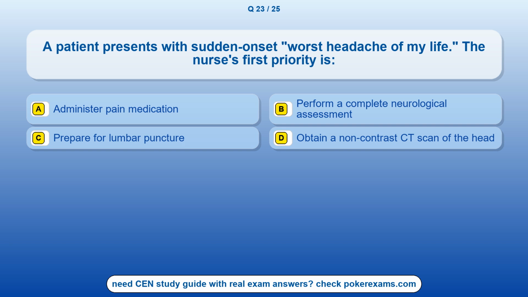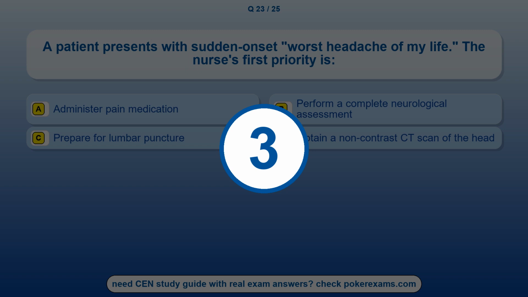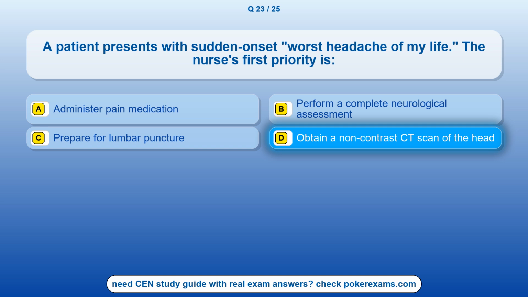The nurse's first priority is option A, administer pain medication, option B, perform a complete neurological assessment, option C, prepare for lumbar puncture, option D, obtain a non-contrast CT scan of the head. The correct answer is option D. Obtain a non-contrast CT scan of the head.